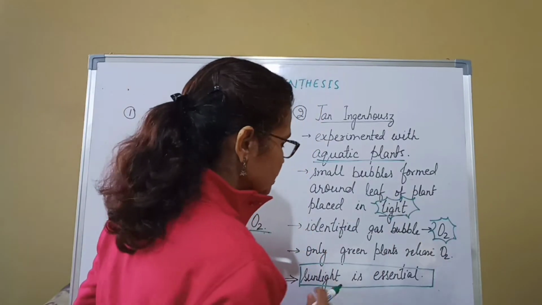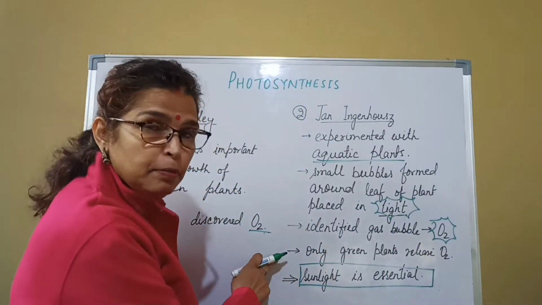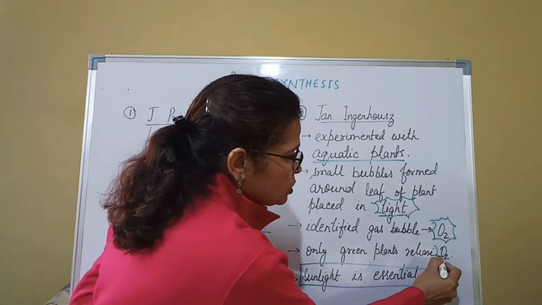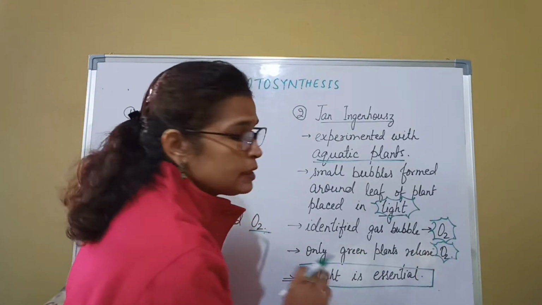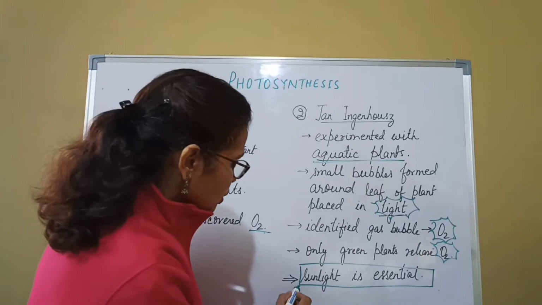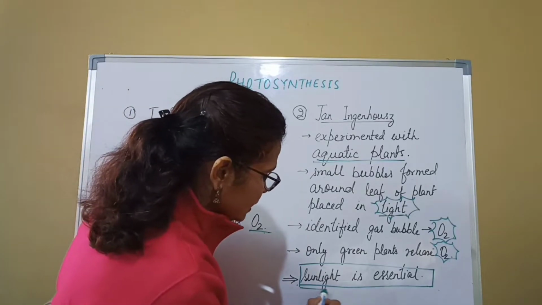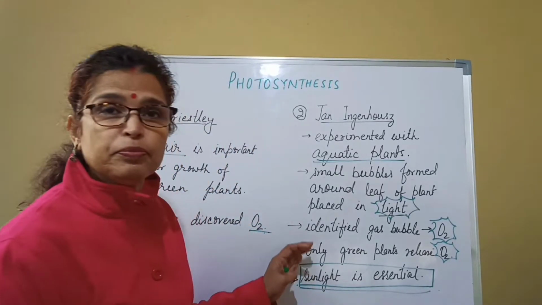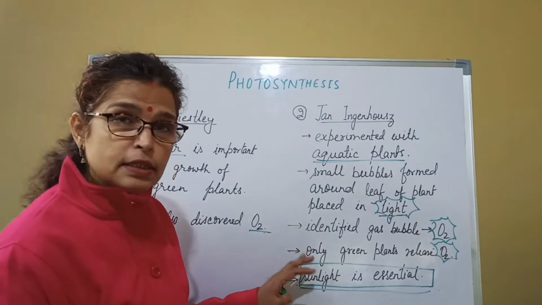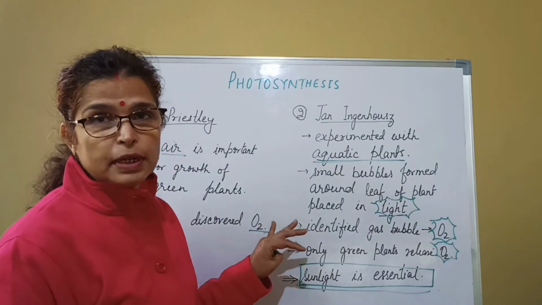He gave the point that only green plants can release oxygen when kept in sunlight. So he concluded that sunlight is essential for photosynthesis, or essential for the growth of the green plants.